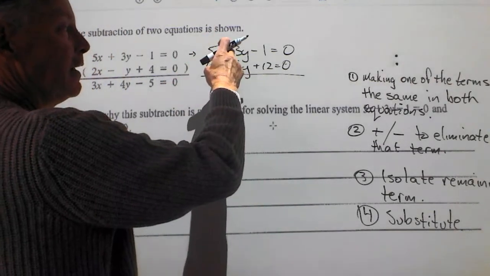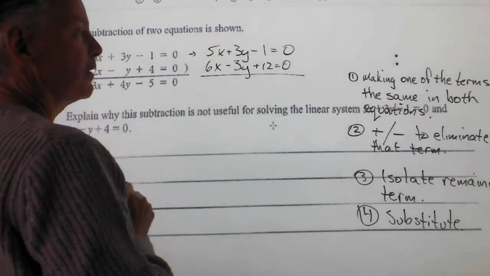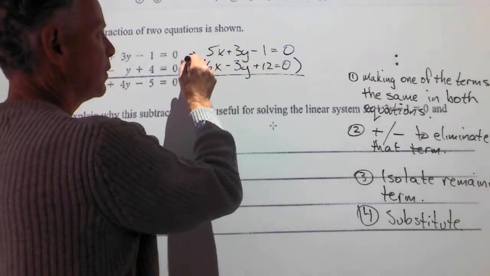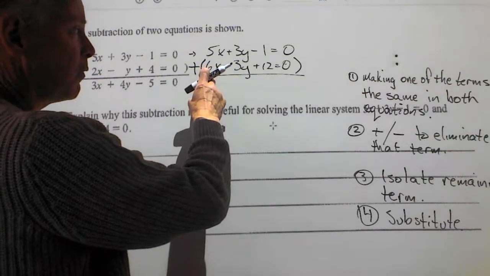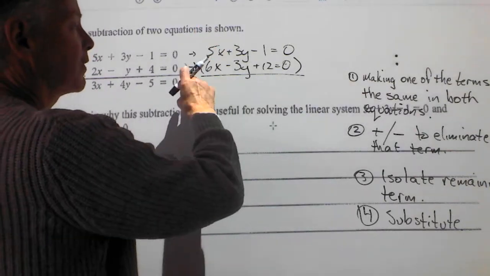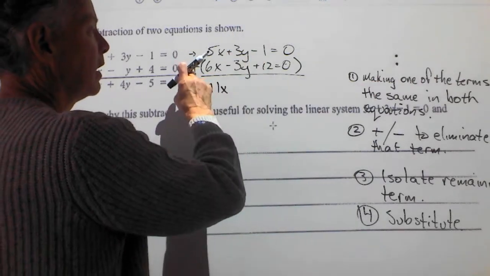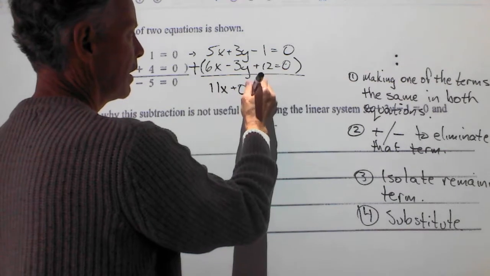And so in this instance, because the signs on the 3y are different, one is plus, one is minus, we would add these two equations, resulting in 5x plus 6x, 11x, 3y and negative 3y gives us 0y.